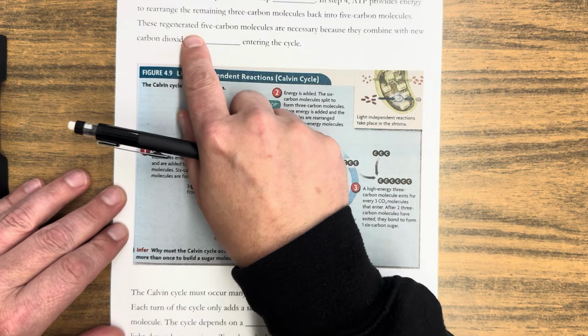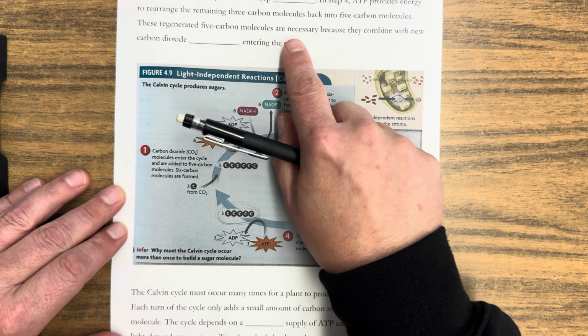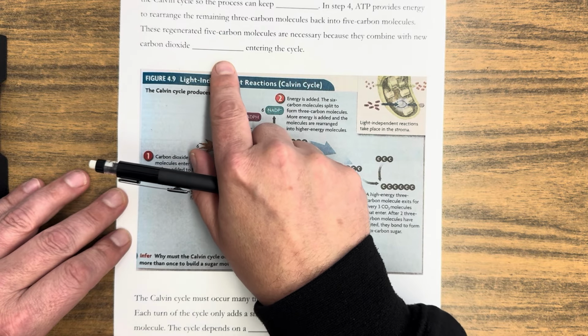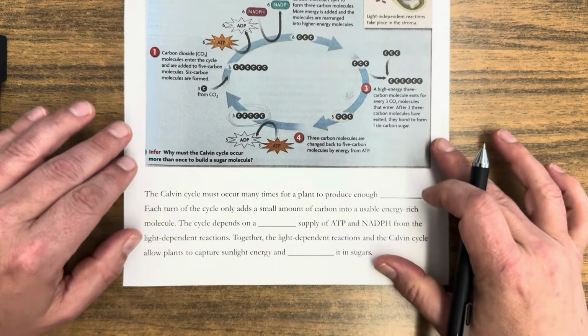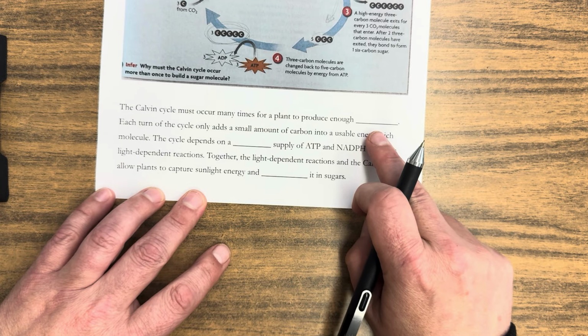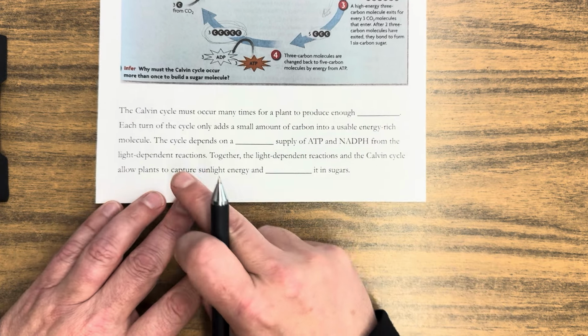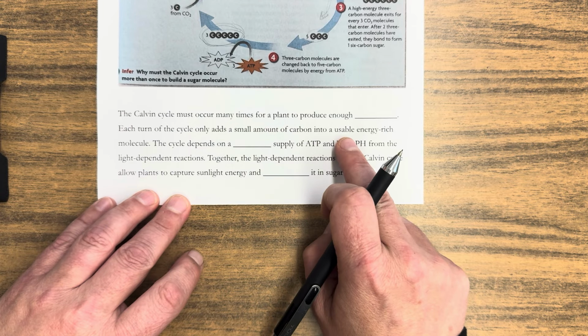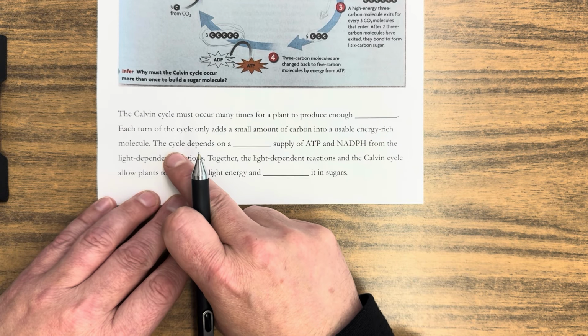These rearranged 5 carbon molecules are necessary because they combine with new carbon dioxide molecules entering the cycle. The Calvin cycle must occur many times for a plant to produce enough sugar. Each turn of the cycle only adds a small amount of carbon into a usable energy-rich molecule.